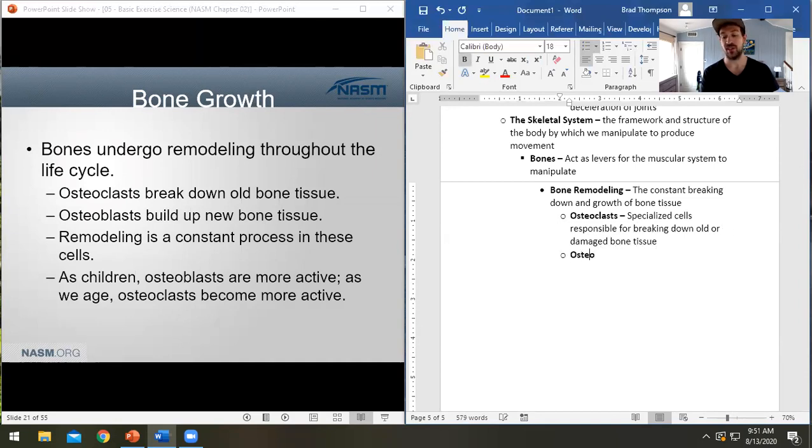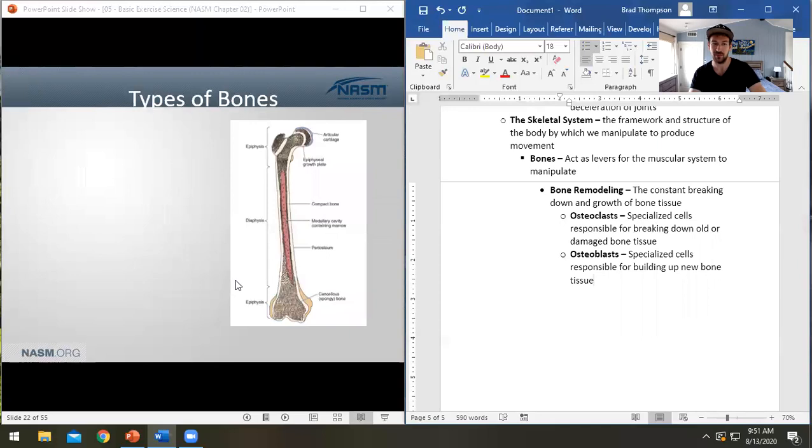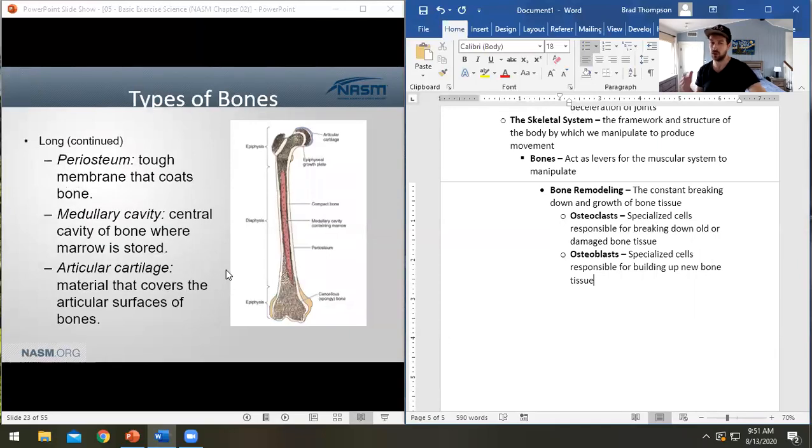And you've got your osteoblasts, which are specialized cells responsible for building up new bone tissue. Your osteoclasts come along and eat up any imperfections in your bone, and then osteoblasts come along and lay down new ones that make them much more sturdy and stable. And that's how we increase bone density.